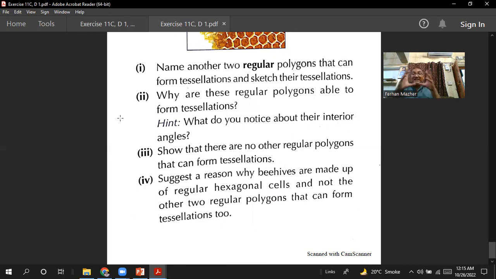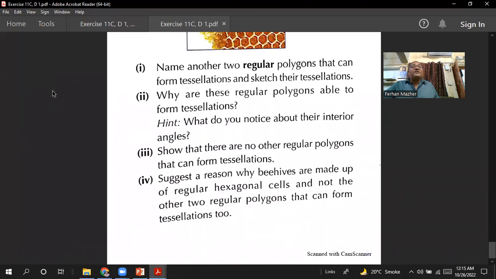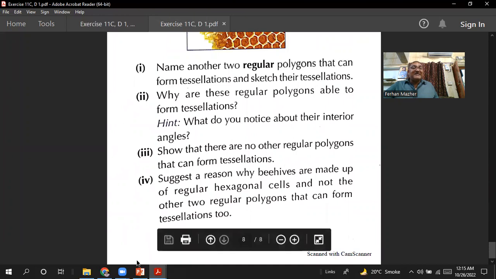When they make the structure with these hexagons, no space is lost, and it can carry the largest possible volume of honey, and it can also accommodate the larvae and their queen and the honey, because this shape can contain the largest volume in the given space. So I think these are the few questions. That was the last question, question number 19 of this exercise.